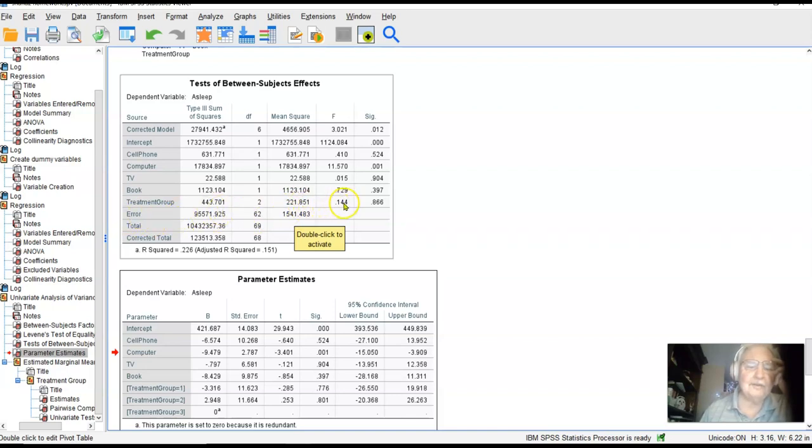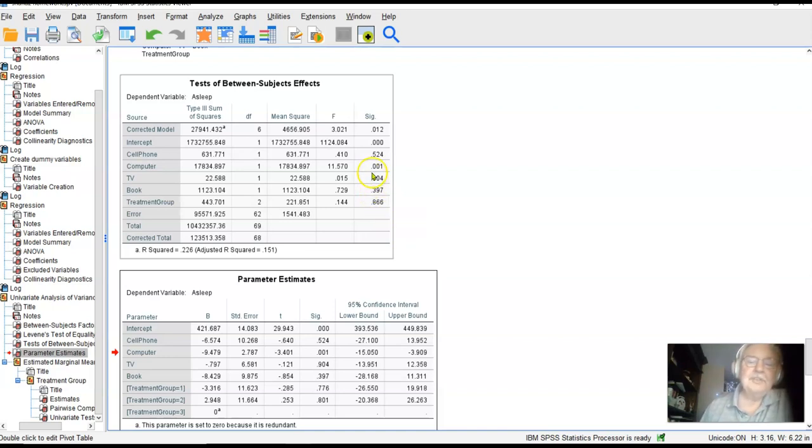And so it's not really too impressively significant there, for sure. So this is the probability given this particular F statistic of 0.14, and you can see that probability isn't very high, so we do not reject the null hypothesis.